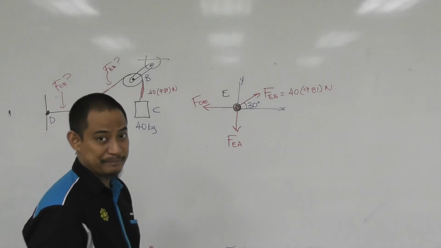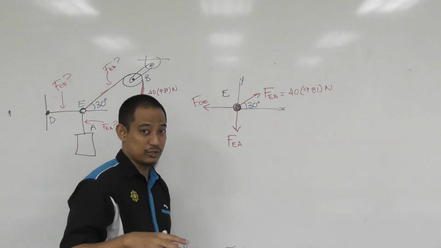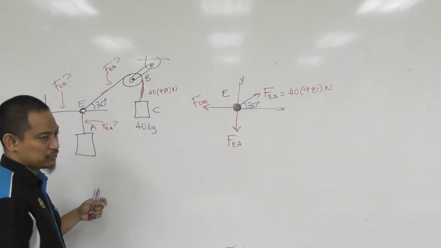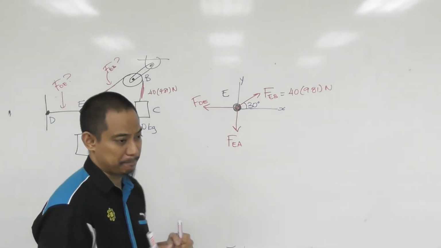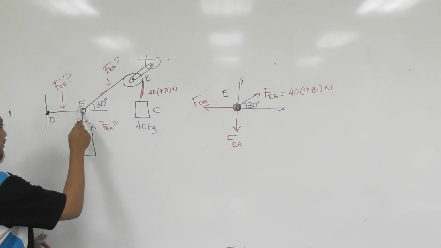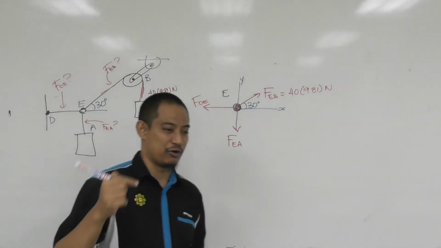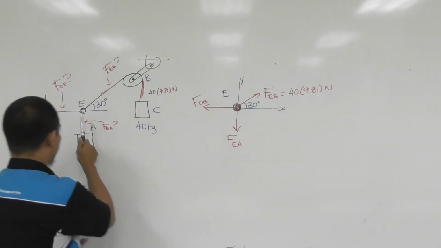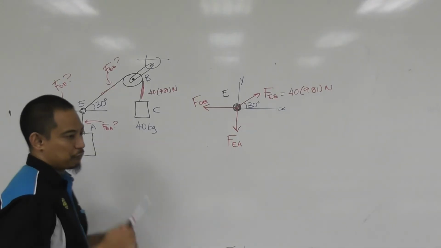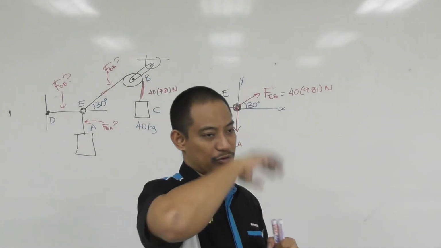How to solve this one? Okay, first, before how to solve, hopefully it is understood why this is like this. When we draw a free body diagram, we are focusing on the body itself, in this case this particle, and we draw all the forces acting on that particle. So this cable is here, this cable is here, this cable is there. We do not care what is on the other side.